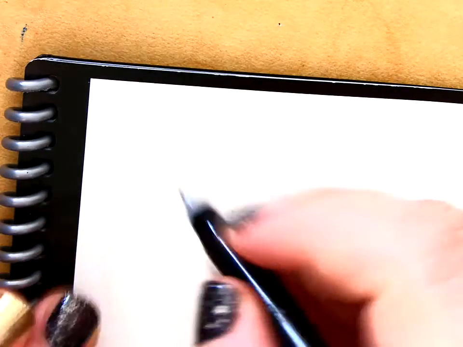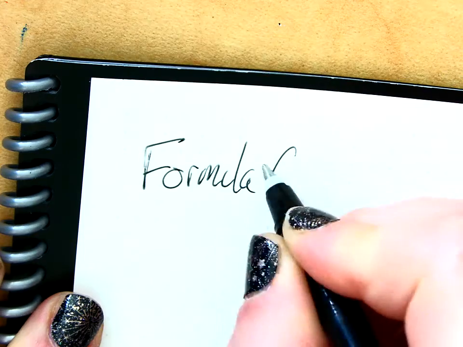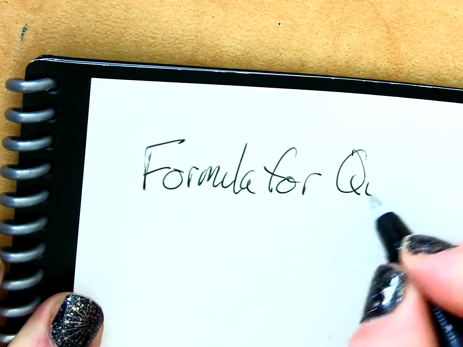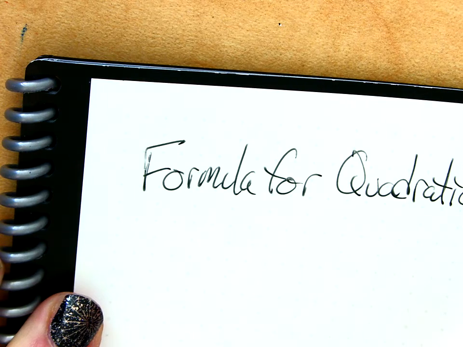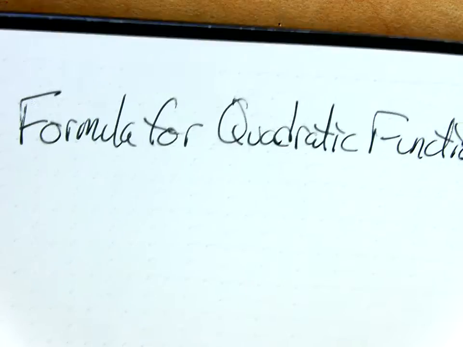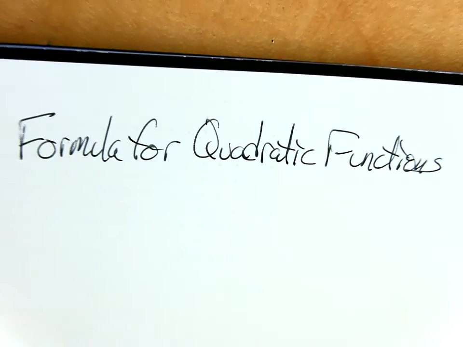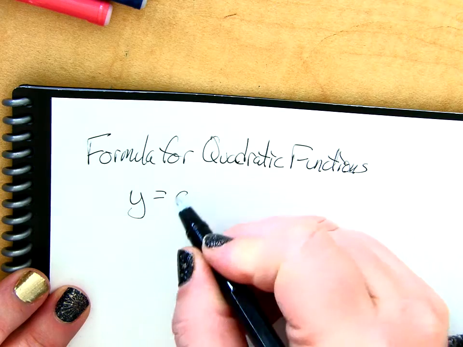So we have, let's call this formula for quadratic functions. So here's what it looks like. Let's zoom out a bit.